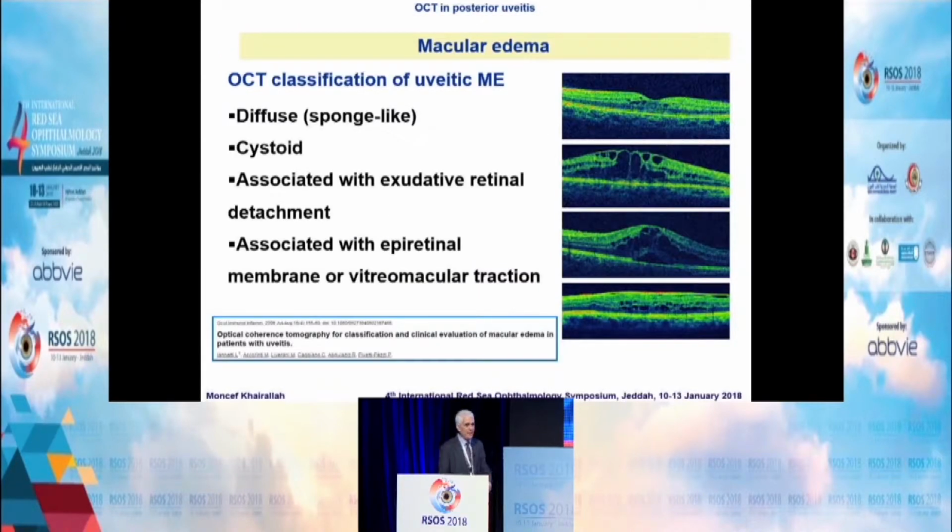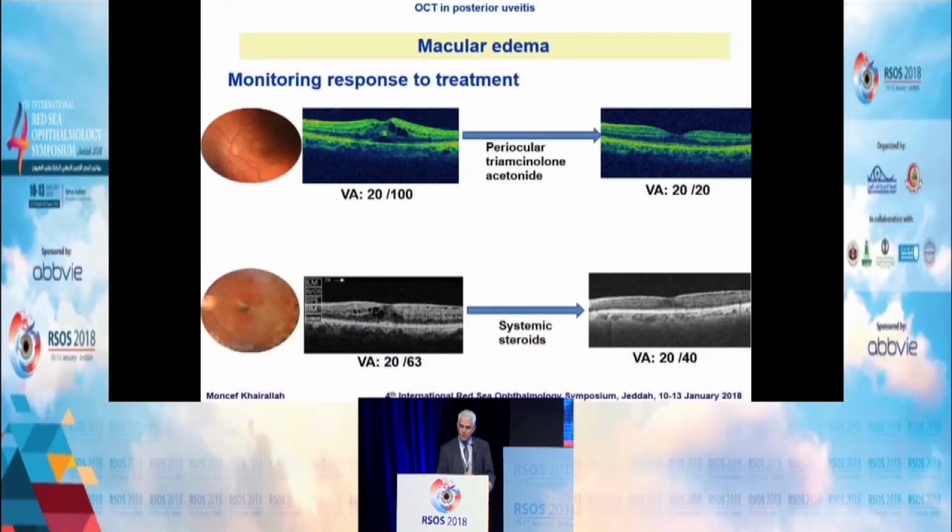Classification of macular edema based on OCT findings. Macular edema on OCT may be a diffuse or sponge-like pattern, cystoid macular edema, macular edema associated with exudative retinal detachment, and macular edema associated with the periretinal membrane or vitreoretinal traction.